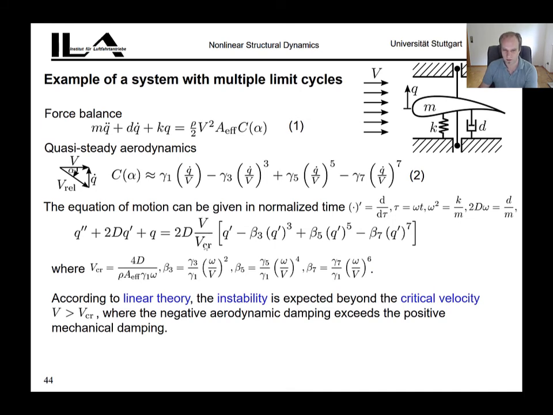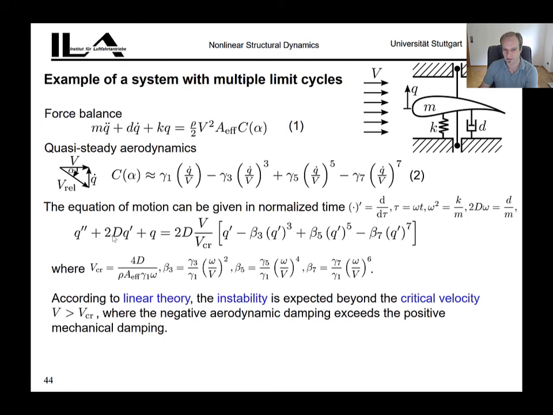V over V critical. If V reaches V critical, what happens then in the linear case? So ignore the higher order terms. Then we have here 2D Q prime, and on the right hand side 2D Q prime. So the overall damping is 0. If V is smaller, then the damping here dominates and the effective damping is positive, larger than 0.